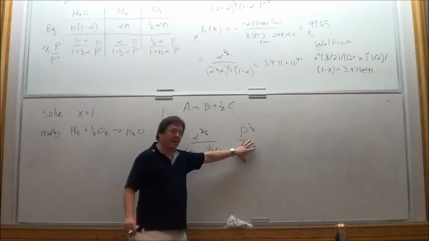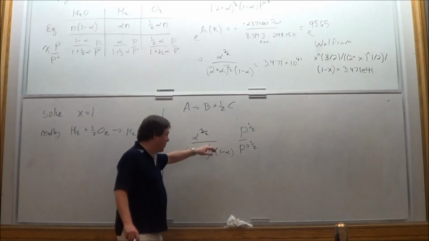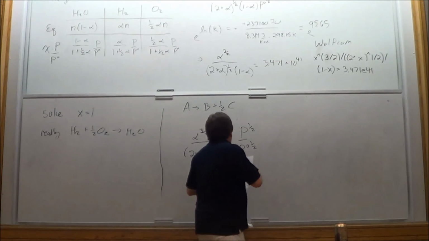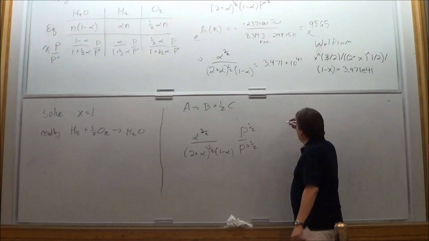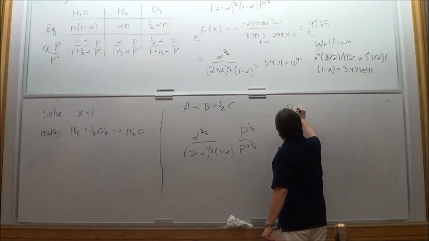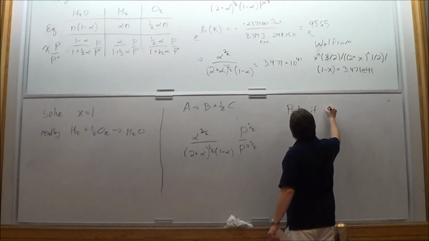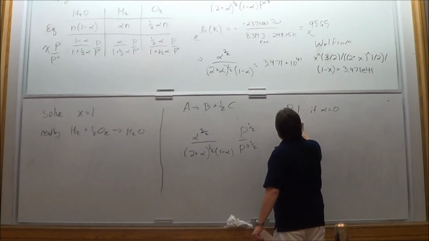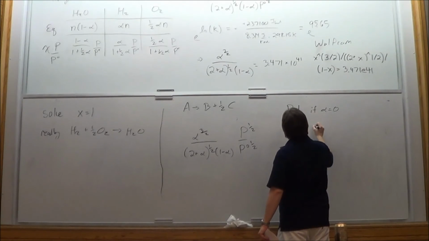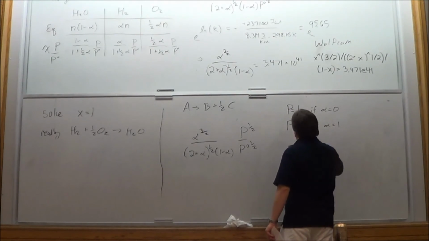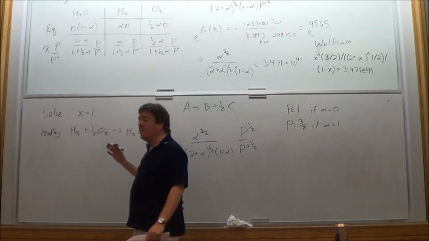So that means that this thing is changing. And this guy, again, you can always forget about it, it's just there to make the units work. Now, if this thing is actually going to change, it has to be 1 if alpha is 0. It has to be 3 halves if alpha is 1. On your homework, you're going to have to do a similar problem.